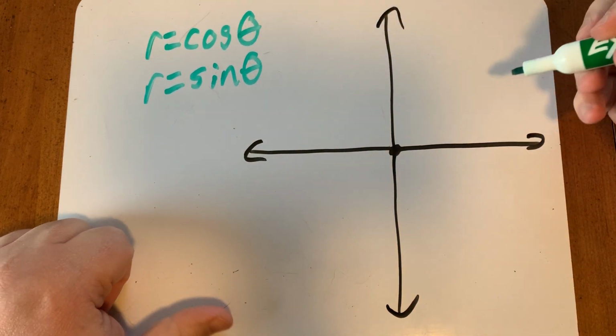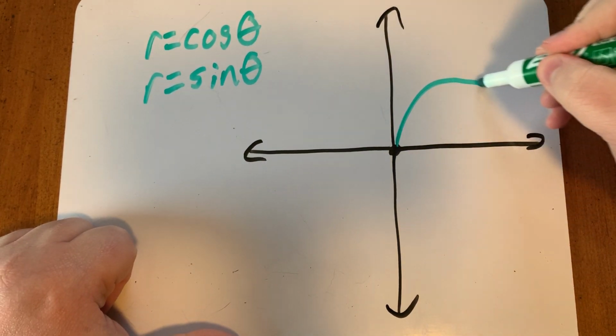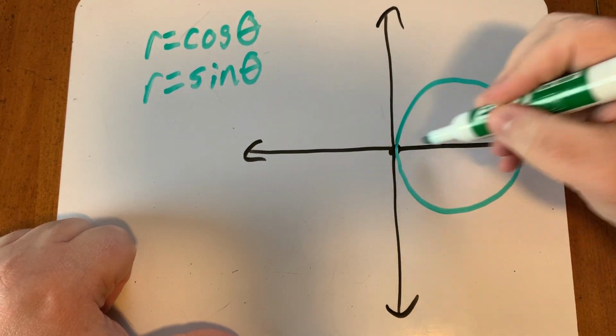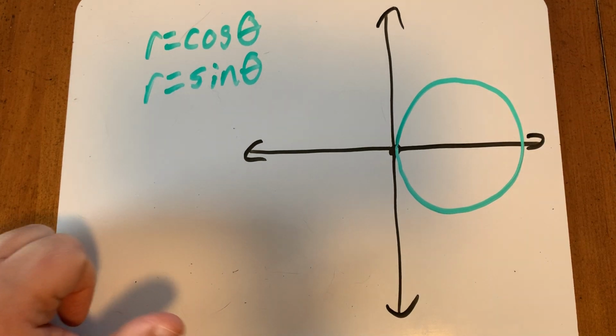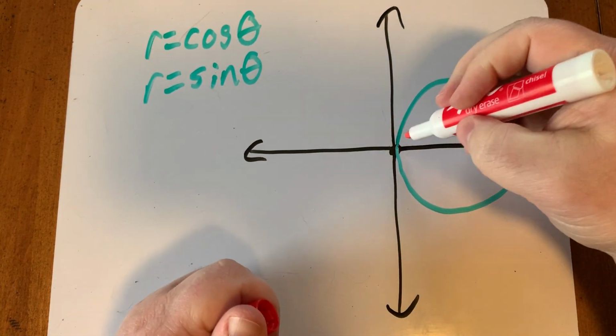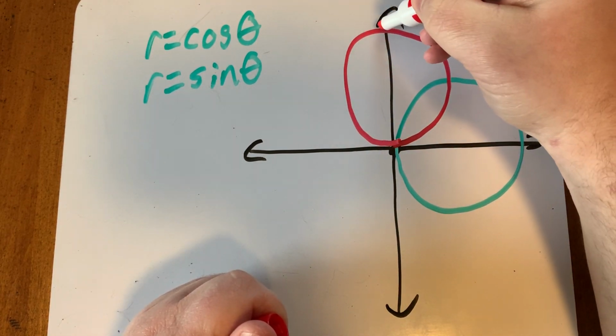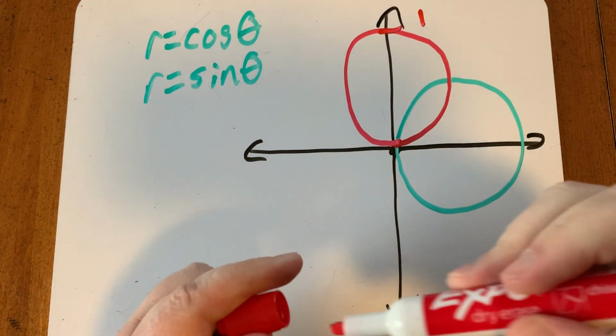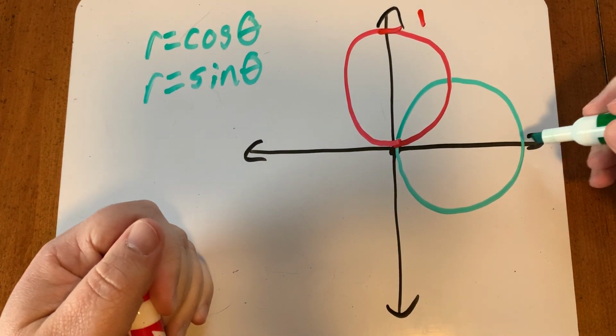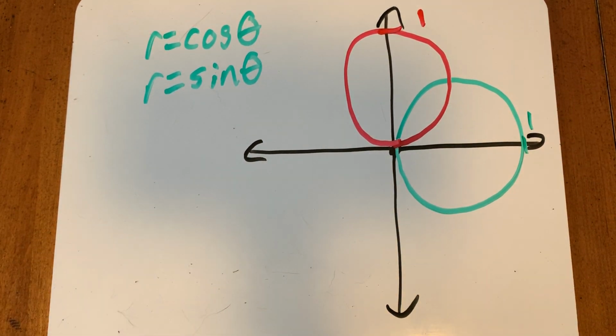If we were to graph cosine of theta, it will give us this circle with a diameter of 1. And if we graphed sine of theta, it will give us this circle with a diameter of 1. So that's 1, and that's 1. So we have these two circles.